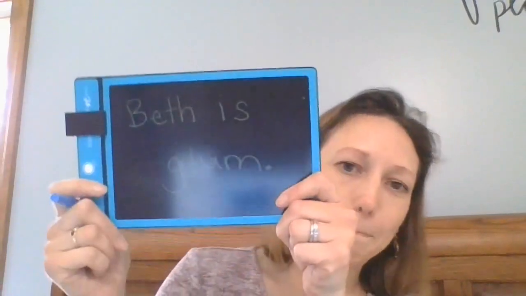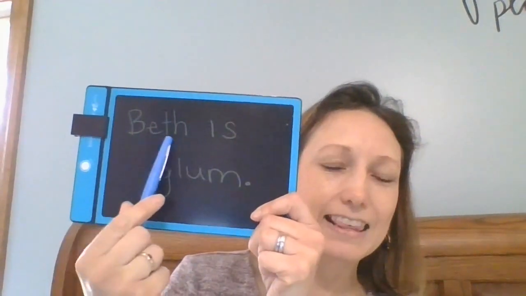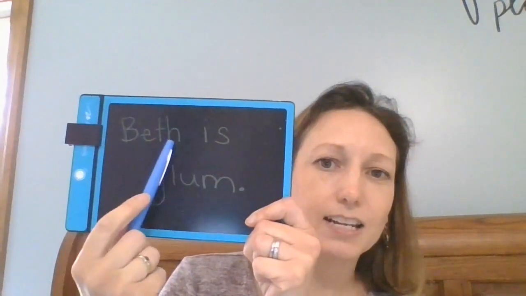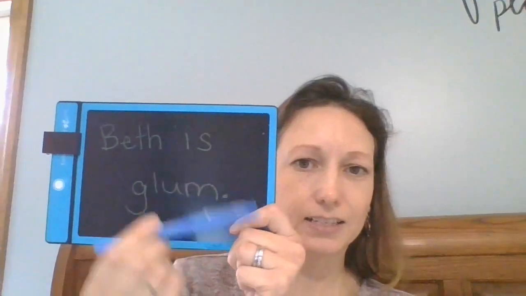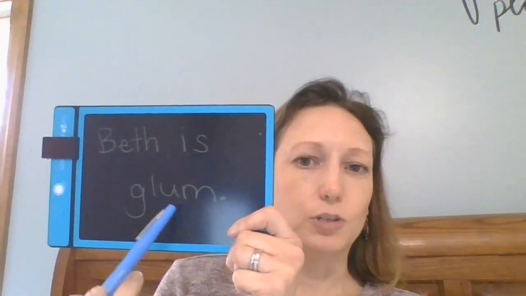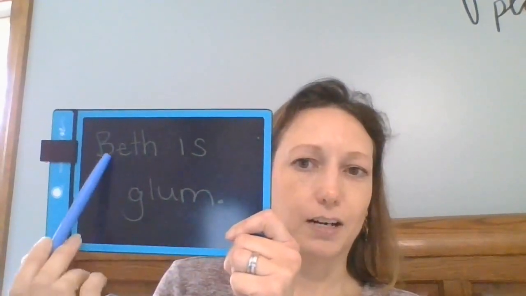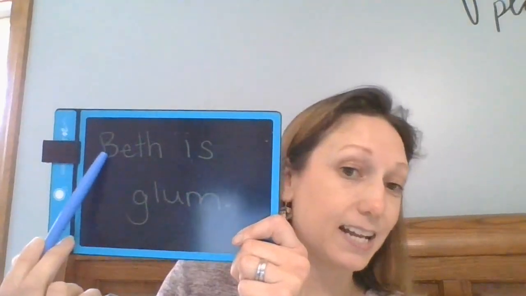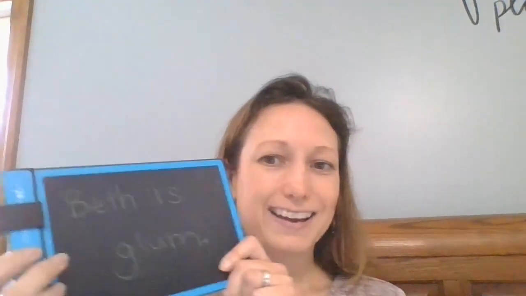If you're not, pause it until you are ready to check. Beth is glum. B-E-T-H, space, is, I-S, space, glum, G-L-U-M, glum, and a period, uppercase letter, both because it's a name and it's the beginning of a sentence, and then punctuation at the end.